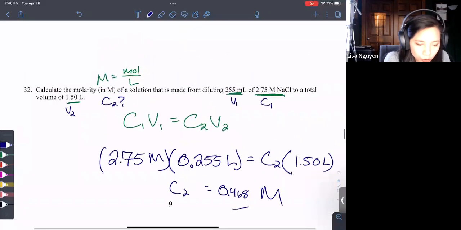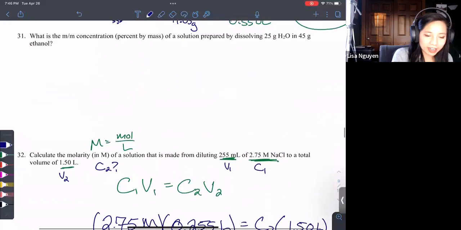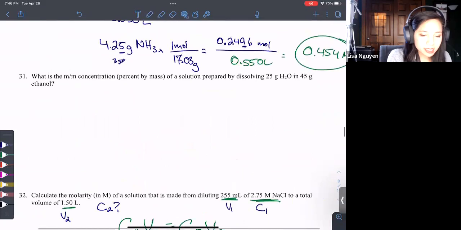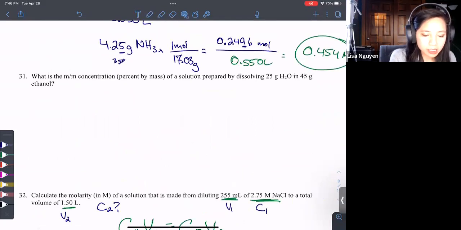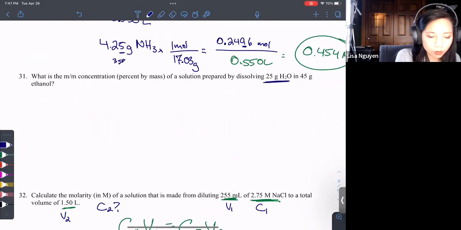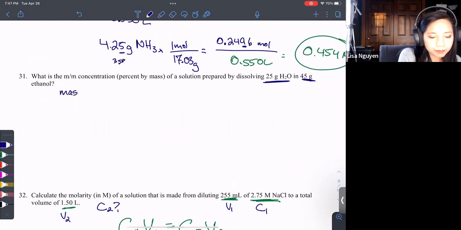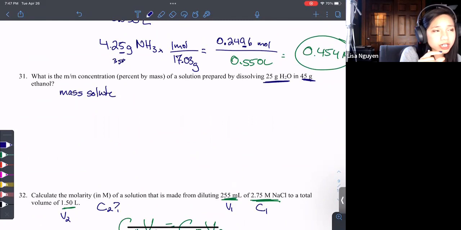Okay. All right. We'll do 31 as well. Okay, so let's back up a little bit here. All right. So what is the concentration, mass percent, by preparing 25 grams of water in 45 grams of ethanol? So to calculate concentration by mass, we take the mass of the solute, so whatever is in the smaller concentration.